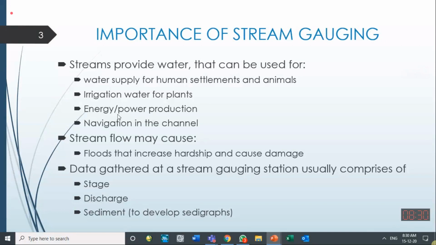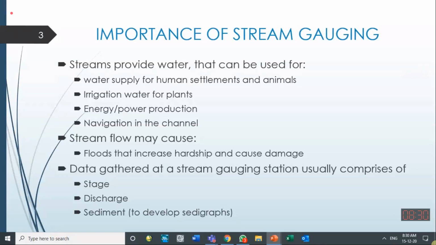So we need to measure the stream at different locations for all of these purposes: water supply, human settlement, irrigation, water for plants. These are the uses of water which have been told to you many times. Stream flow also sometimes causes floods.